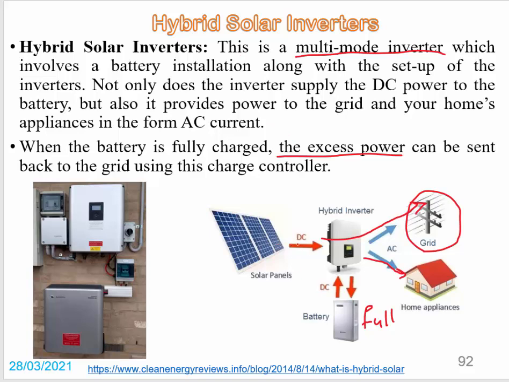It converts DC to AC and supplies our houses, and at the same time it directs the DC current to the battery banks. Also, when the battery banks are fully charged and we have excess power, it can send it back to the grid using this charger or this charge controller.